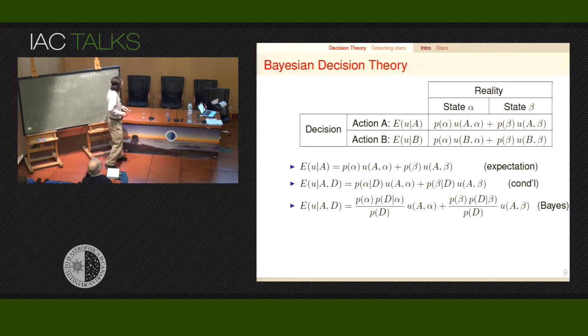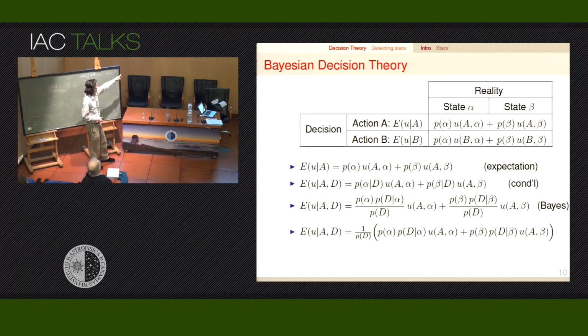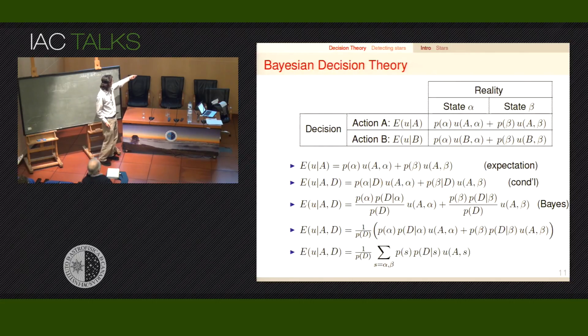Right, so that's just the same thing, putting that normalizing factor at the front. And then you can rewrite this as a sum over states. This is just writing out these two terms, collecting these two terms as a sum. So there's state alpha, state beta, prior over that state, likelihood on that state, and utility for that state.